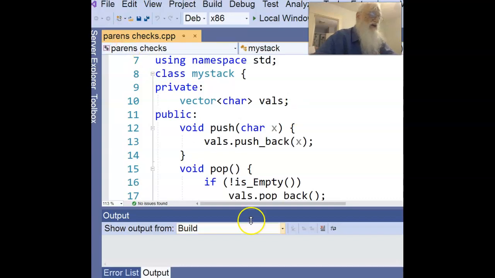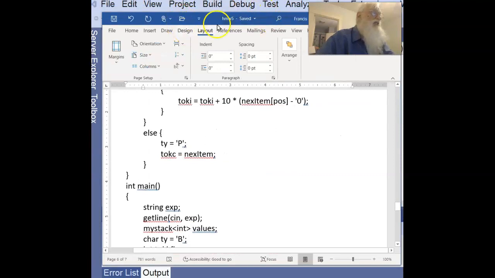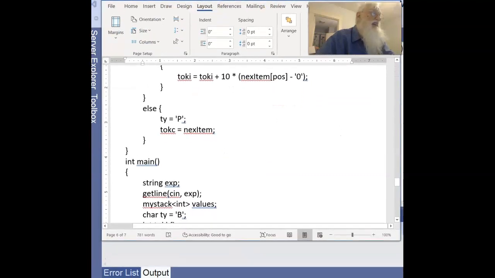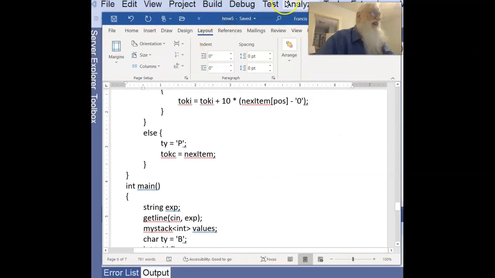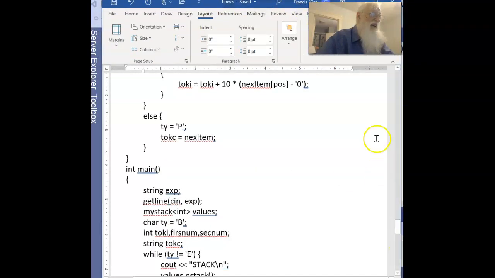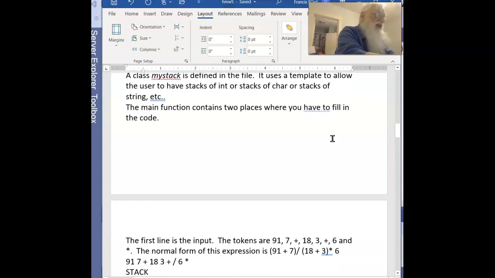Well, it turns out no, because now I'm going to show you the homework 5 information that I sent to you, that I put out just earlier today. That didn't work, so let's just try it this way. And I have the program that's going to start it off.